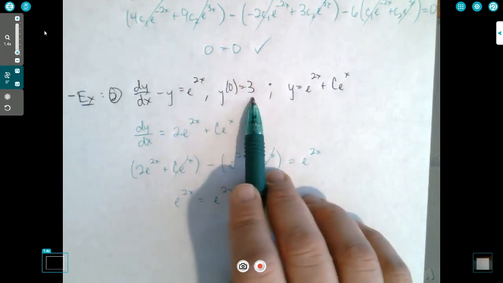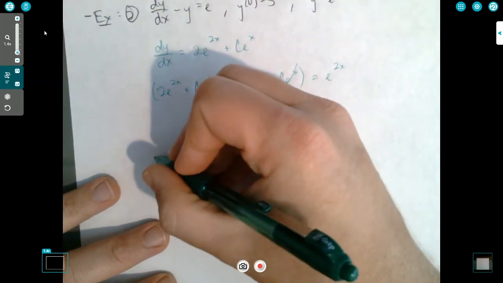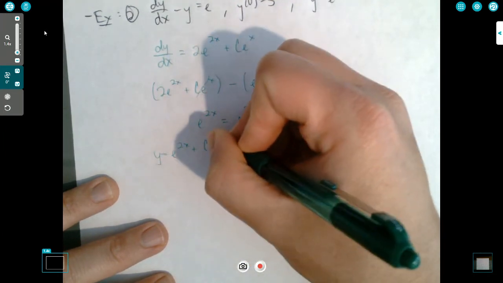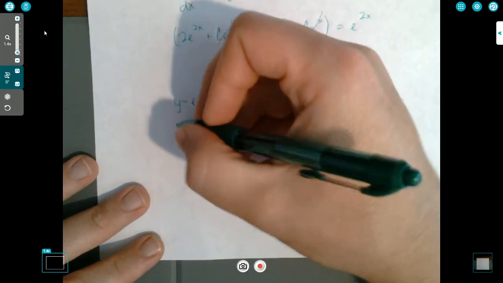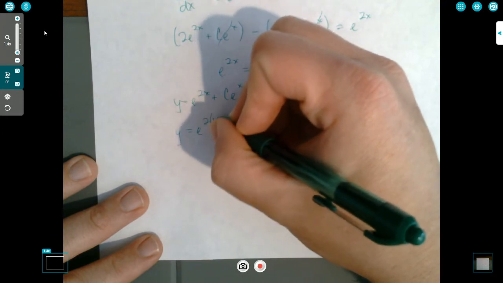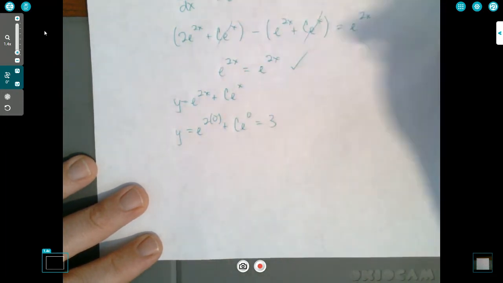Now let's solve the initial value problem. We know that y equals e to the 2x plus c e to the x. We also know that y of 0 equals 3. So when I plug in 0, I should get 3.